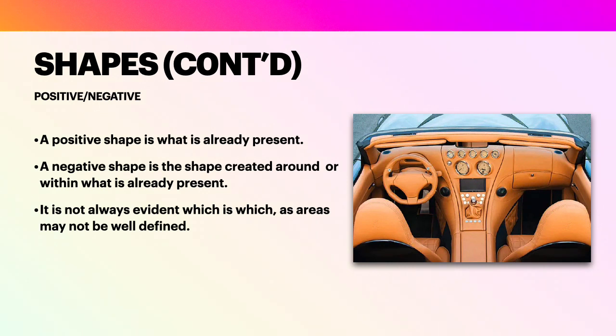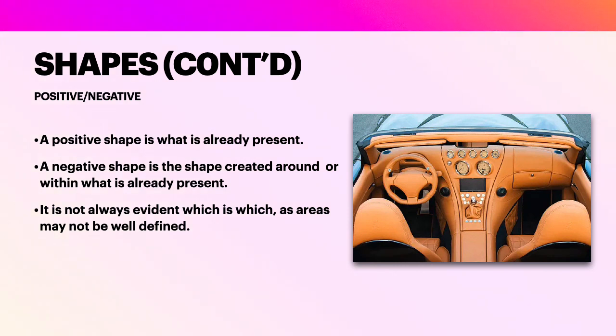Now with shapes, you also have what is considered your positive shape and your negative shape. So a positive shape is what is already presented, so what's already there. Your negative shape is the shape created around or within what is already there.